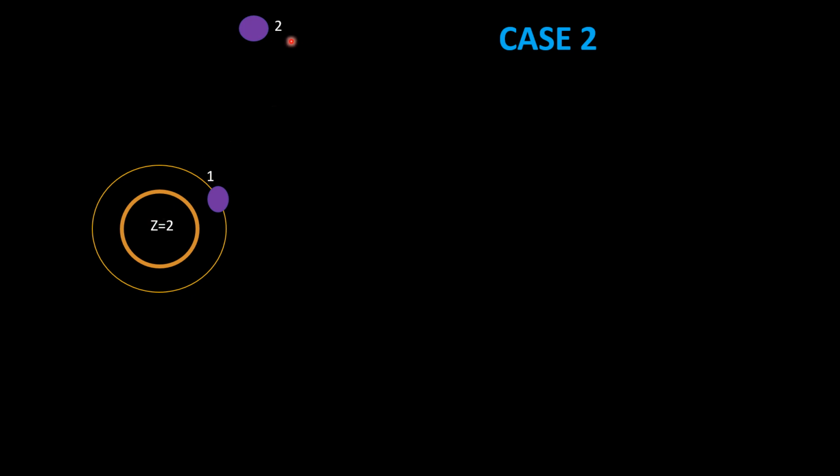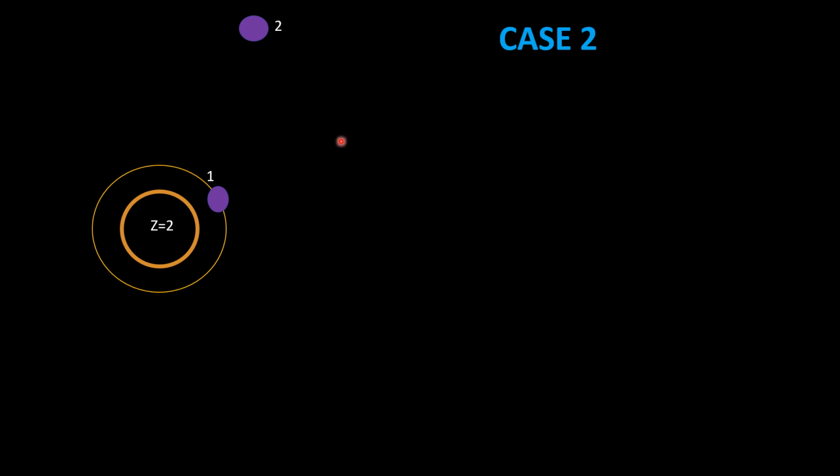It means it has no role in shielding electron 1 from the positive charge of the nucleus. It is out of the range of the nucleus, so it has no role in the shielding.